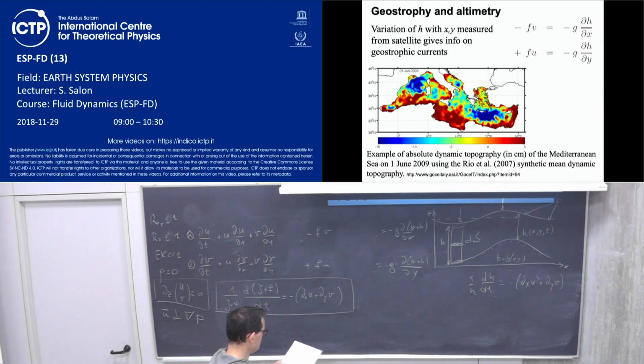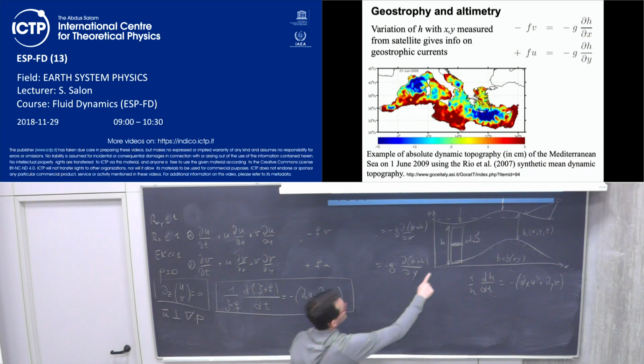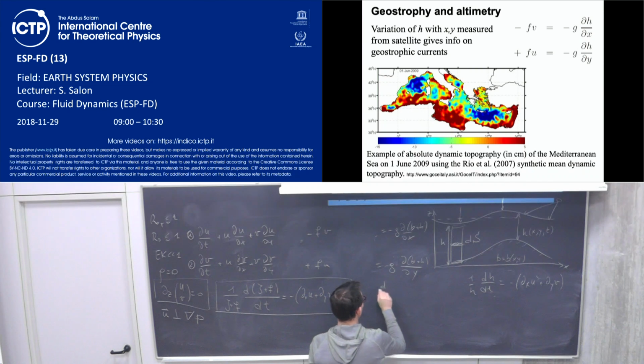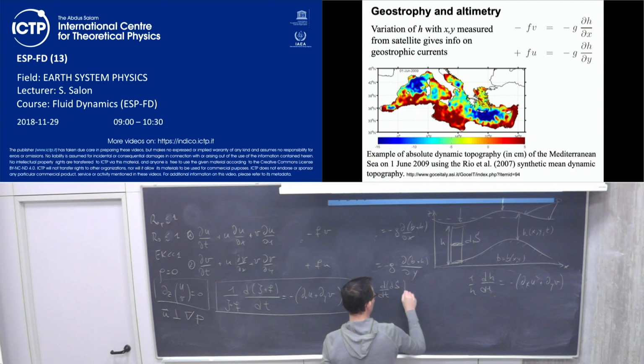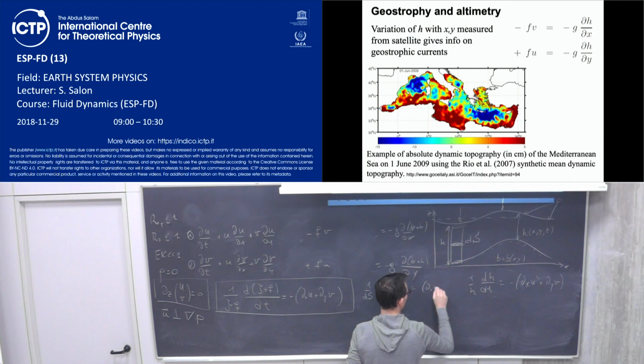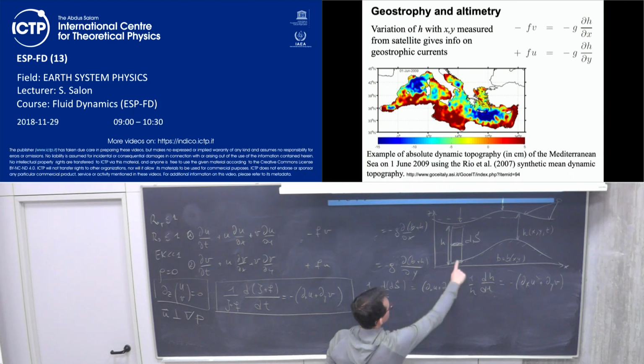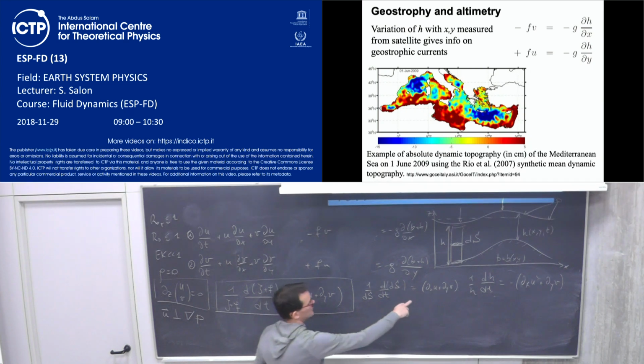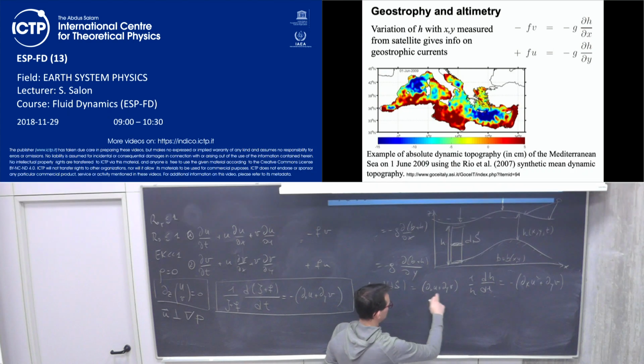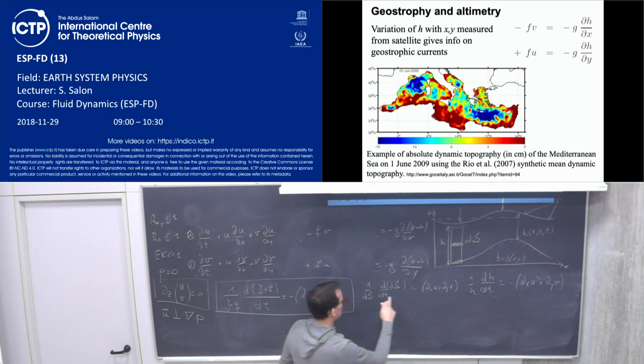The equation which governs this one, of course, is similar to this, because if I converge the flow, so the divergence is negative, I will have a decrease of the cross-section.